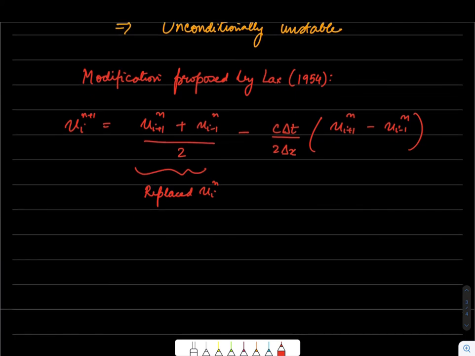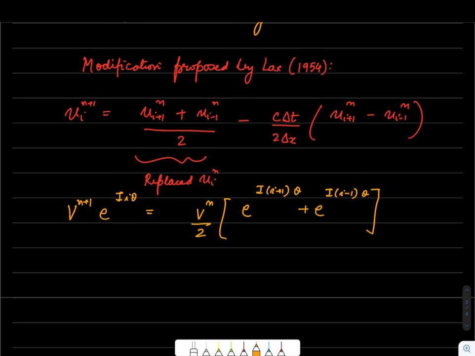Now let's see what we gain by making this modification. So if we go to the next step now, we can write Vn plus 1 e to the power i theta will be, this first term will give me Vn by 2, we'll have e i plus 1 theta plus e i minus 1 theta, minus the next term will be c delta t by 2 delta x into Vn, e i plus 1 theta minus e i minus 1 theta.